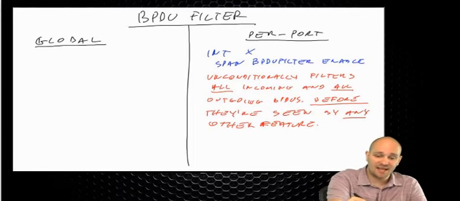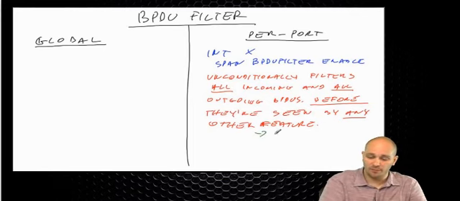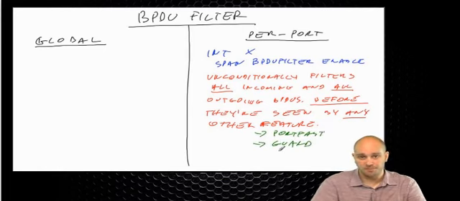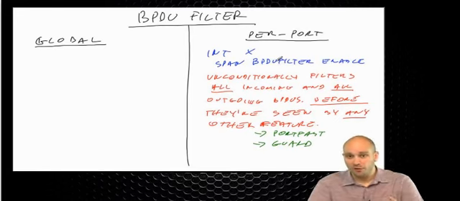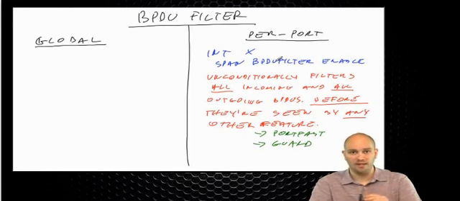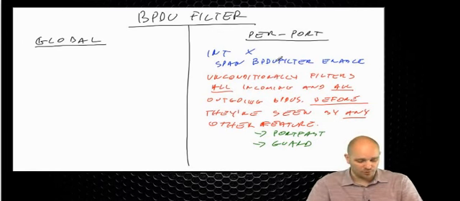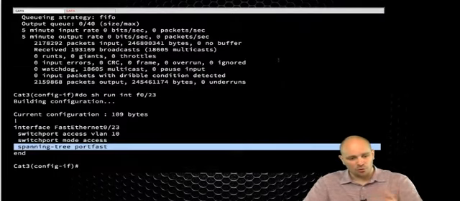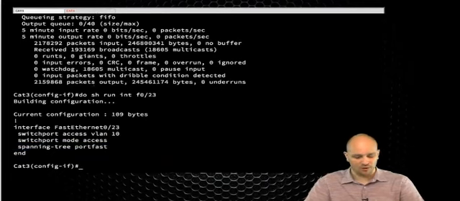And by any other feature, what I actually mean is Portfast or BPDU guard. So if I configure BPDU filter on the port, no BPDUs will be sent or received on that port. So let me demonstrate that in action. So I'm going to go to my Cat3 and Cat4 here, and I'll start with Cat3.